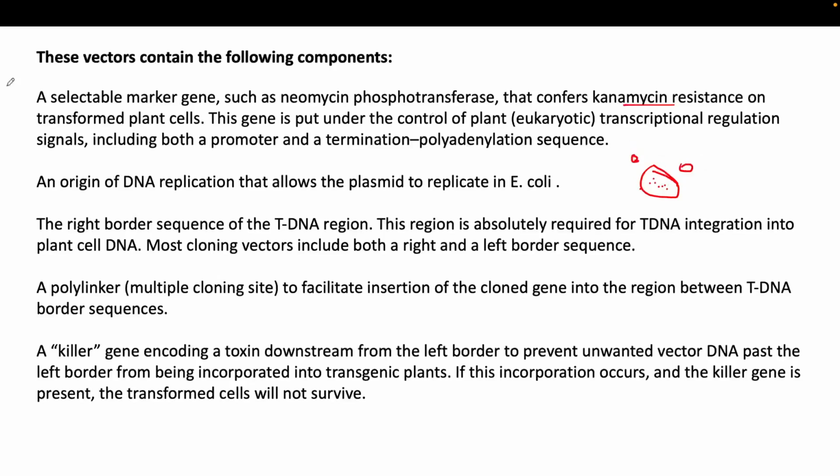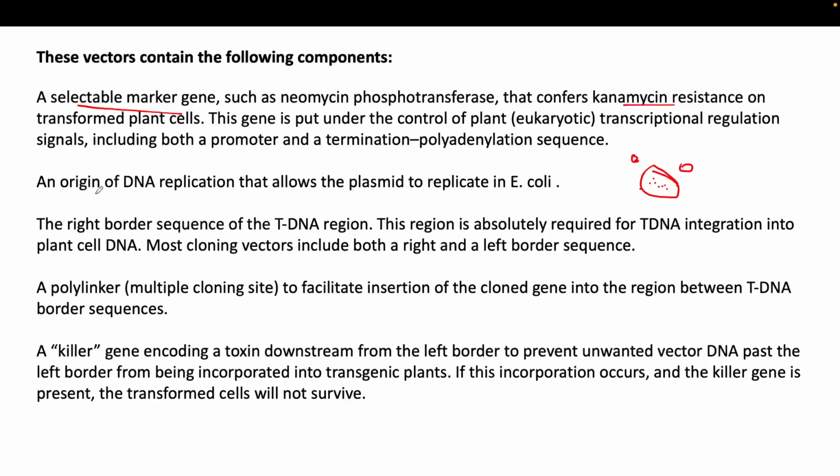That's why one selectable marker gene is required to transform the cell. This gene is put under the control of transcriptional regulation signals, including both a promoter and a termination site.